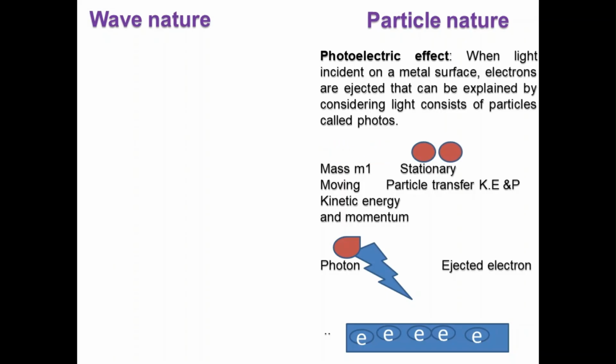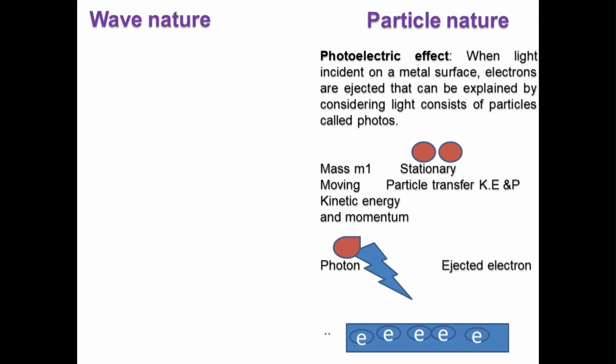It will collide, and then the stationary body moves or is displaced from its original position. What exactly happened? Why does it move? Because it transfers its kinetic energy and momentum. If it transfers kinetic energy and momentum, that is your particle nature.